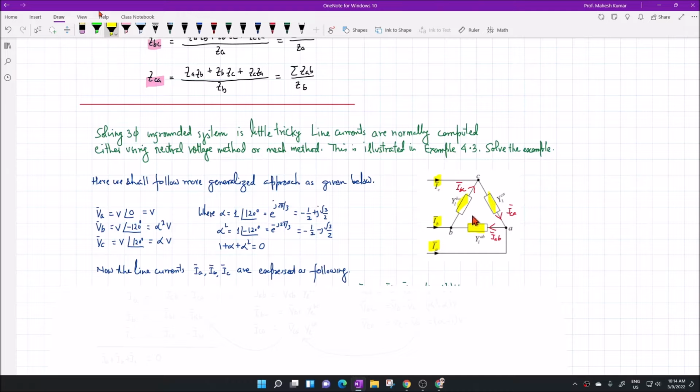We can express the voltages which are supplying this load. So these voltages are expressed as VA, VB, VC. Where are these voltages? If you want, you can connect here. This is VC here. This is VB. And this is VA.